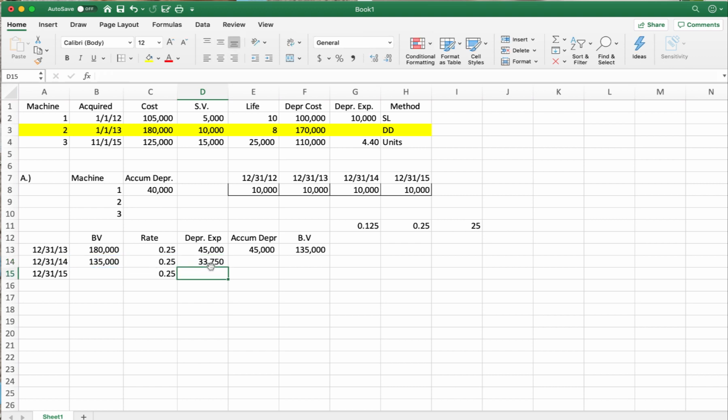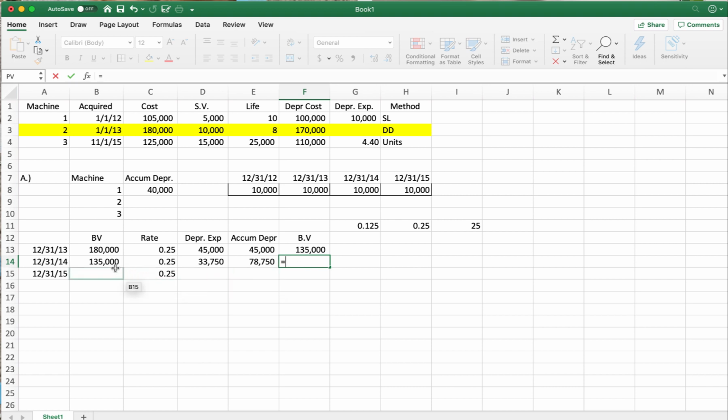I get depreciation of $33,750. No problem. What's my accumulated depreciation? I take the accumulated depreciation from 2013 and add the depreciation expense for 2014. I see my accumulated depreciation is $78,750.